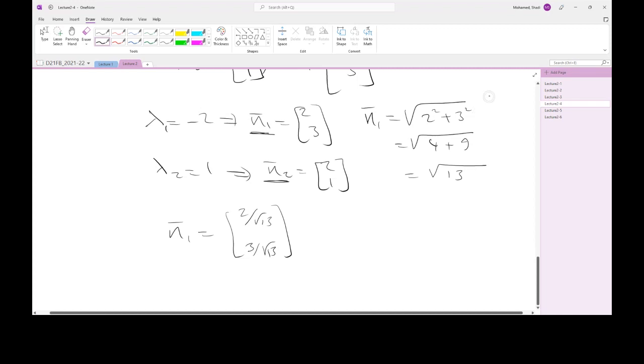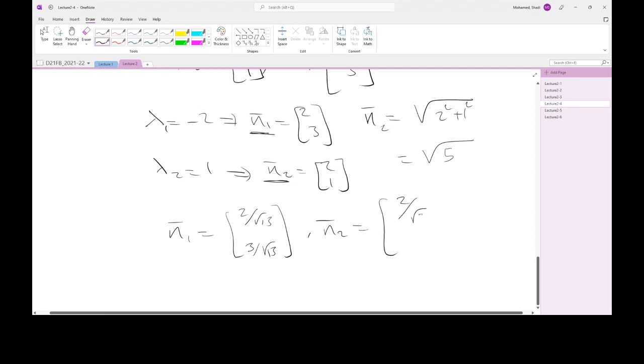In the case of n2, you have the square root of 2 squared plus 1 squared. So this is the square root of 5, basically. So you divide n2 by the square root of 5.